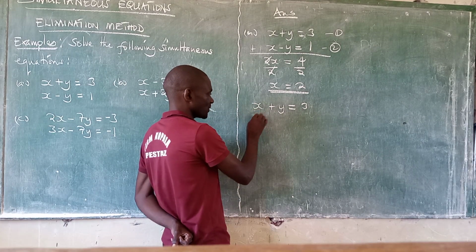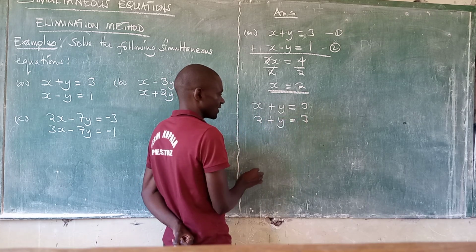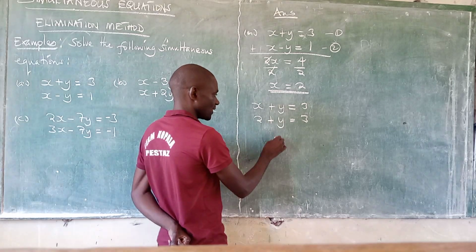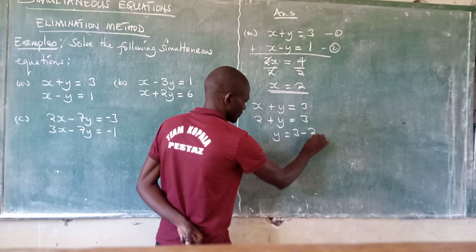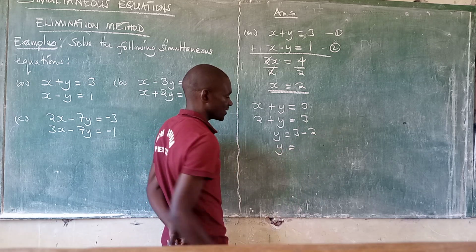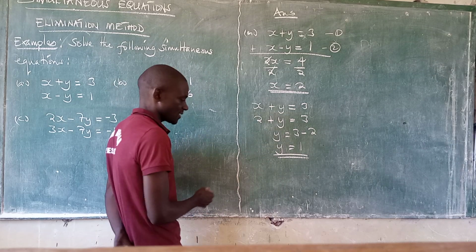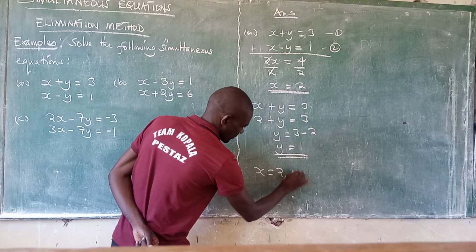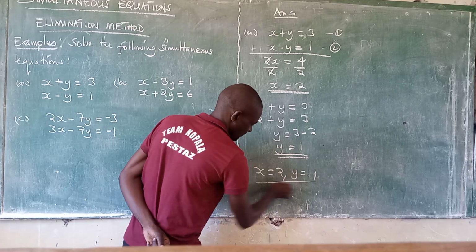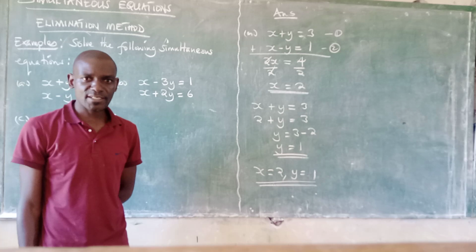And so here we put 2 plus y equals 3. So if we do the additive inverse, that will give us y is equal to 3 minus 2. And so y is basically equal to 1. So in short, the answers are x is equal to 2, y is equal to 1. So that will be our answer.